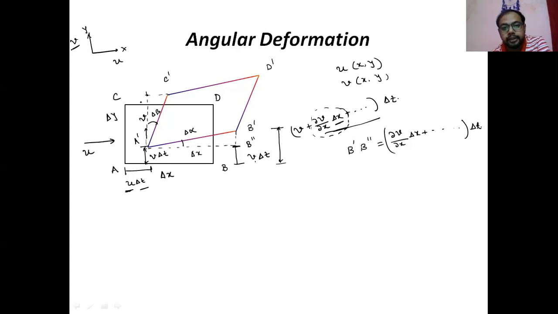So this much is del u del y. So there is a variation of u with respect to the y direction.